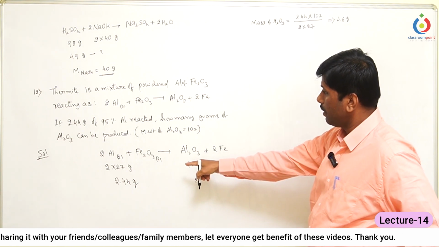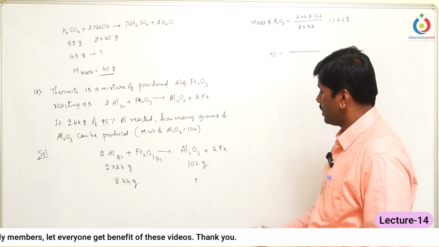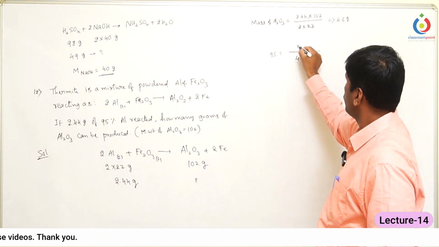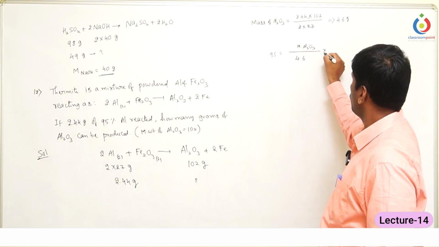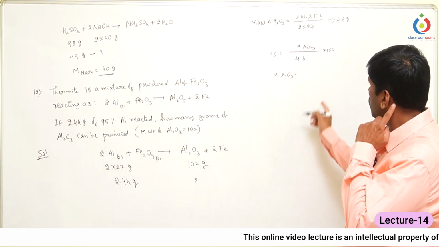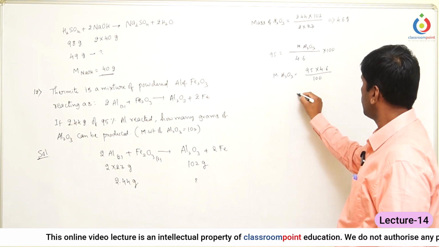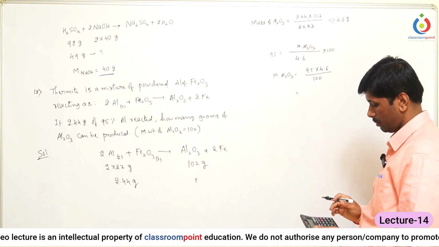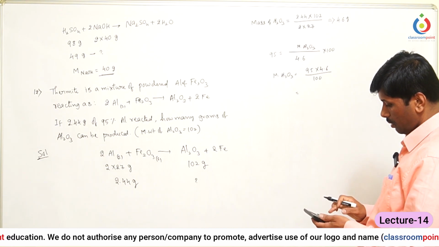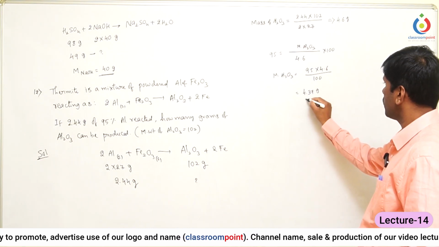So let us see, given mass is 95% purity, so 95 equals the pure Al2O3 they are expecting, coming from the impure sample, that is 4.6 grams here, into 100. So mass of Al2O3 equals, go for the cross multiplication, 95 into 4.6 divided by 100. This value equals 4.37 grams.